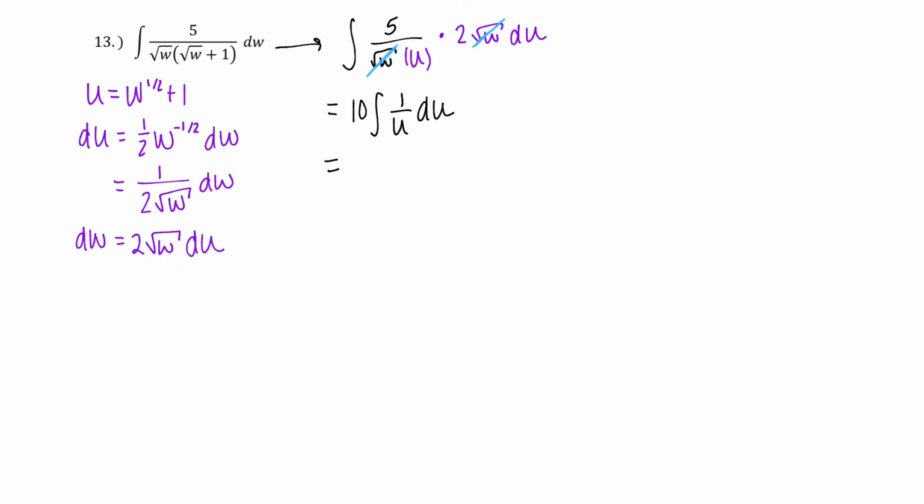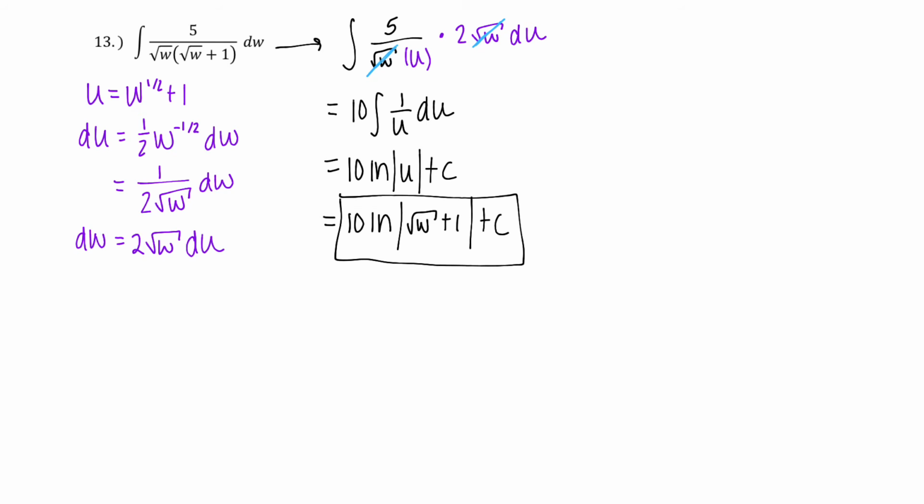Well, that's ln right there. So I have 10 ln absolute value of u plus c. And then u was square root w plus 1 plus c. You could also write the inside part as w to the 1/2 plus 1, but I figured I'd just make it nice.